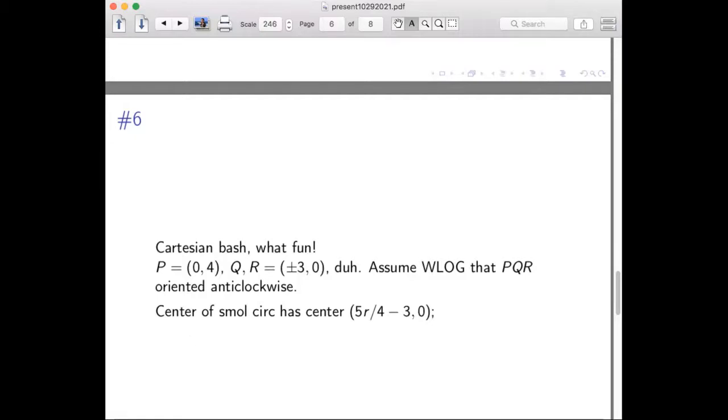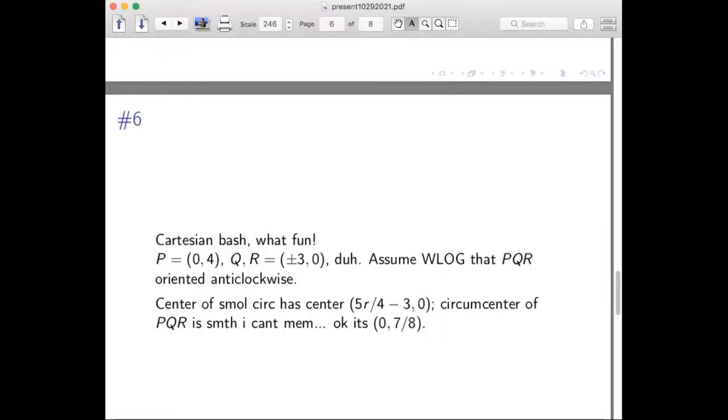That x coordinate is negative, by the way. Next, we have to find the circumcenter of triangle PQR. I recall from memorization that this is (0, 7/8). After that, it's just an equation solve.